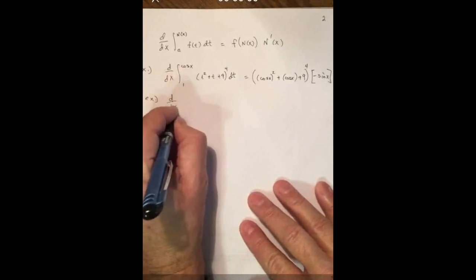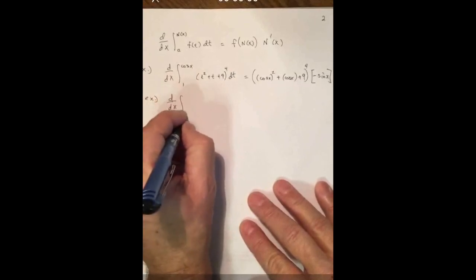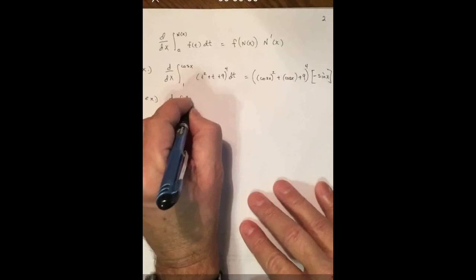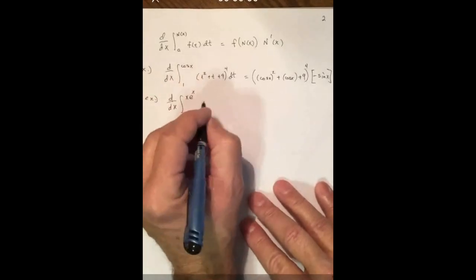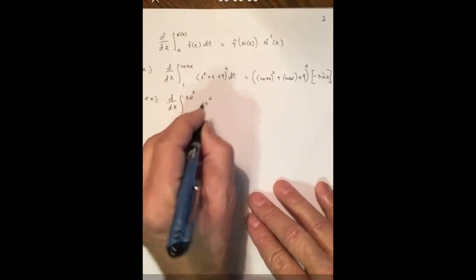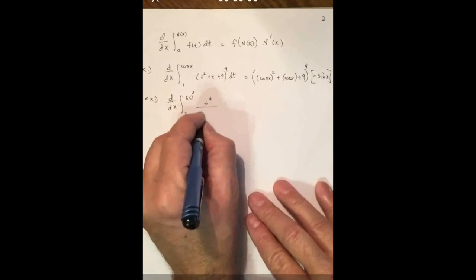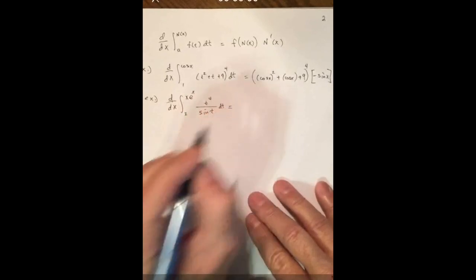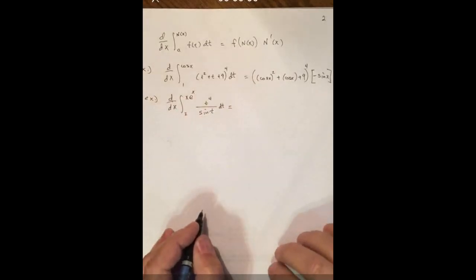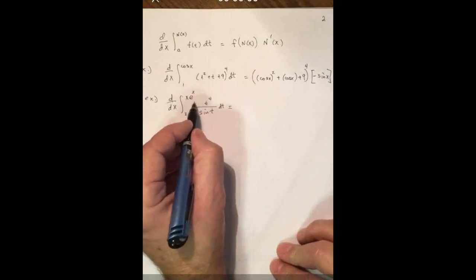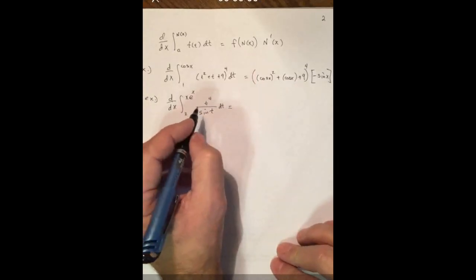Suppose we want to differentiate the function, the integral from 2 to x e to the x, where the upper limit is x e to the x, of t to the 4th over sine t dt. Well, we're going to plug in x e to the x everywhere we have a t.